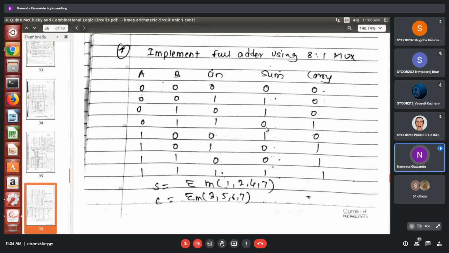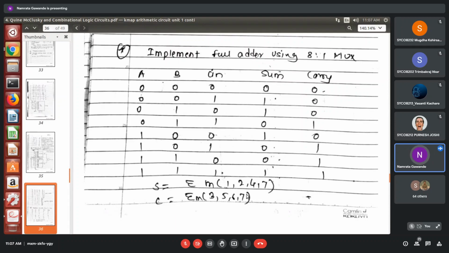So in the sum output, we are getting 1 for minterm 1, minterm 2, minterm 4, and minterm 7, right? So 1, 2, 4, 7 are written in the sum expression. And for the carry, you can see 3, 5, 6, 7 are written in the carry.